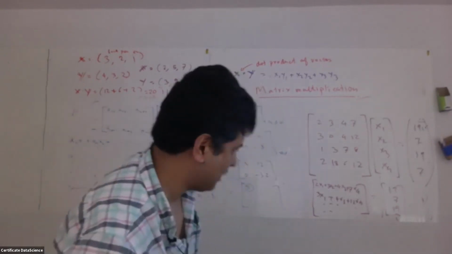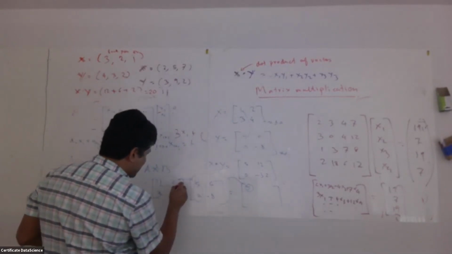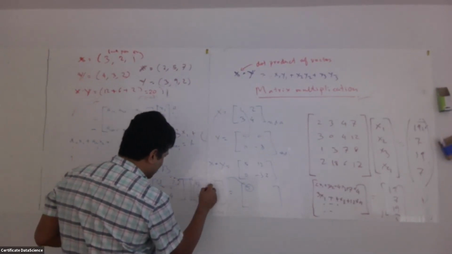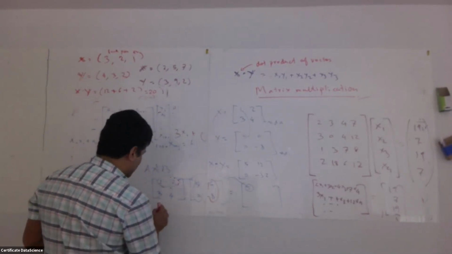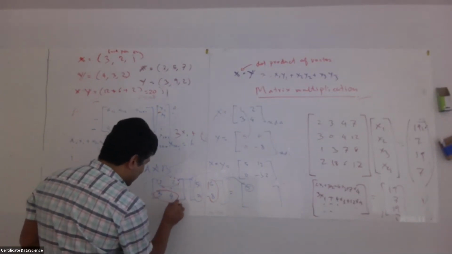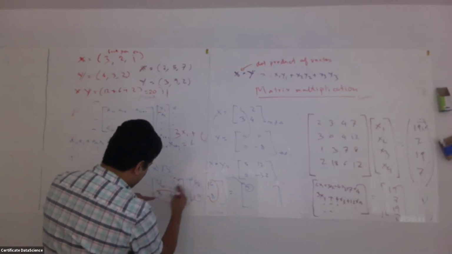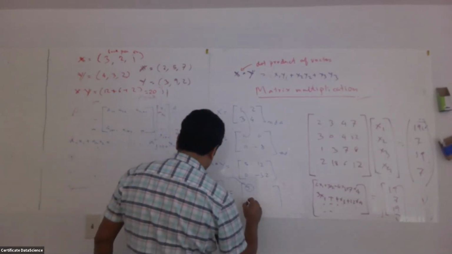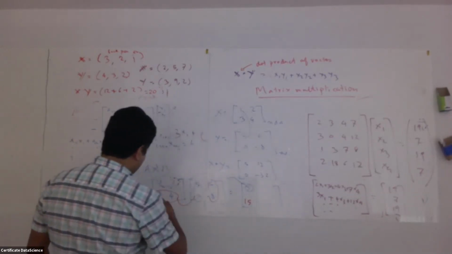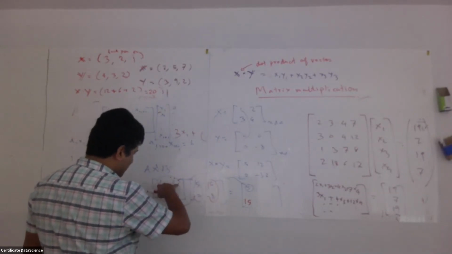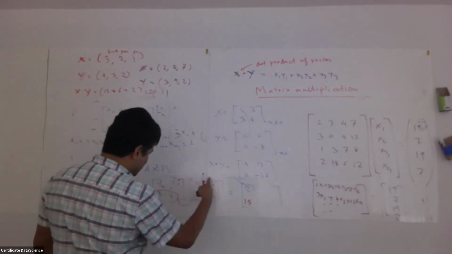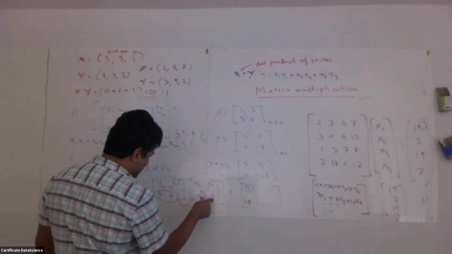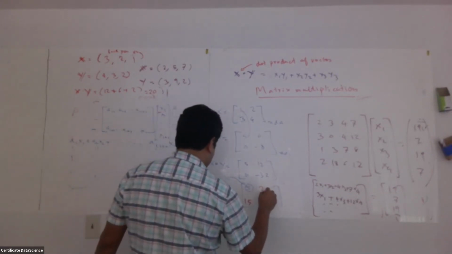Let's look at the next one. You can do the next row also, it doesn't matter. 3 times 5 is 15, 4 times 0 is 0, and that comes below, so 15. Now focus on the next column. 1 times 6 is 6, plus 2 times minus 8 is minus 16, so that's minus 10.